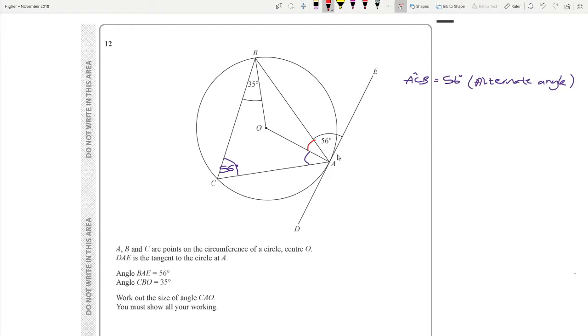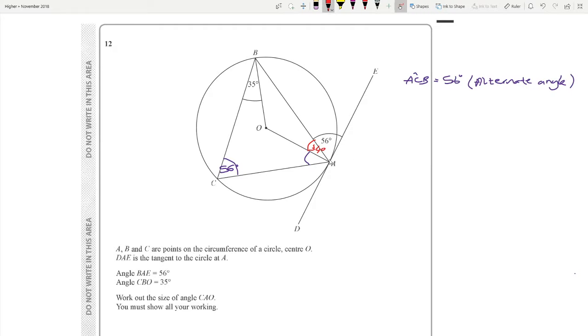Notice this is a tangent where it meets the radius. The circle theorem says that any tangent that meets the radius is a right angle. So this angle here, BAO, has to add up to 90. We know that's 56, so this is going to be 34 degrees. Adds up to 90, correct.